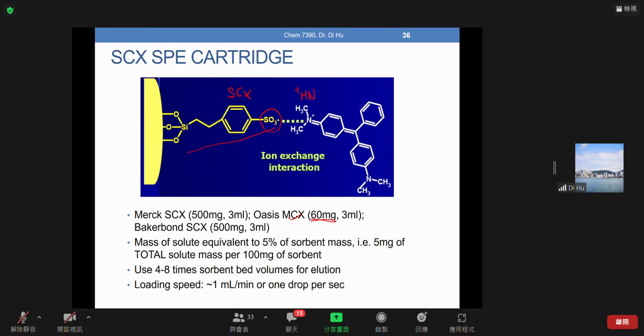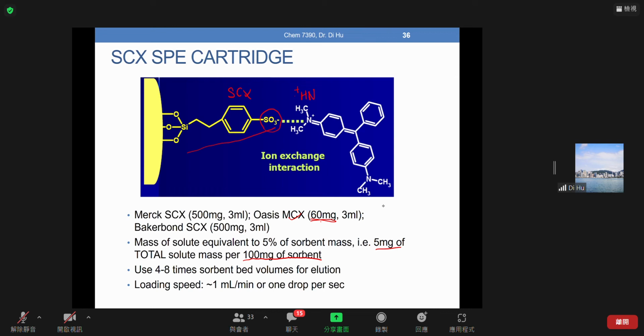Normally the mass of solute is equivalent to 5% of the sorbent mass. That means if you have 5 milligrams of total solute, you need 100 milligrams of sorbent, depending on how much you handle. Then you choose the right SPE column, and have to use 4 to 8 times the sorbent bed volume for elution.